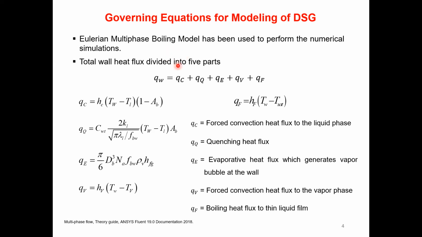Here, the solar heat flux profile around the absorber surface is divided into 5 parts: convective heat flux to the liquid phase, quenching heat flux, evaporative heat flux, convective heat flux to the vapor phase, and heat flux in thin film boiling. These are equations for various types of heat flux.